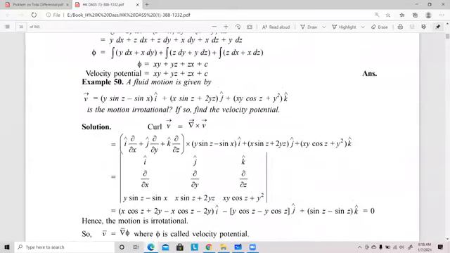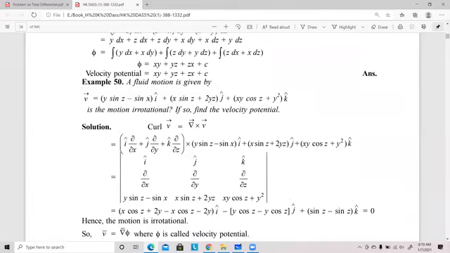Example 50: a fluid motion is given by the vector v, where v is y sin z minus sin x i plus x sin z plus twice yz j plus xy cos z plus y square k. We have to examine whether this motion is irrotational, and then if the motion is irrotational, we have to find the velocity potential phi.